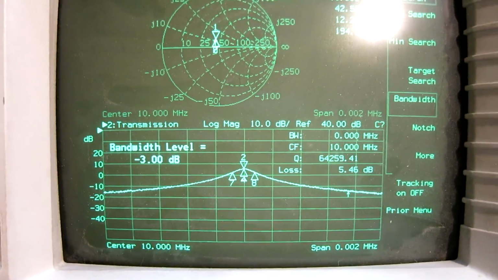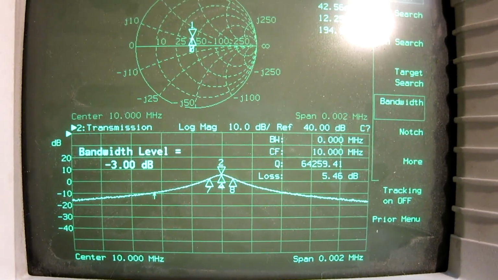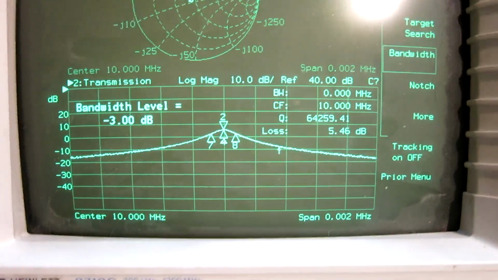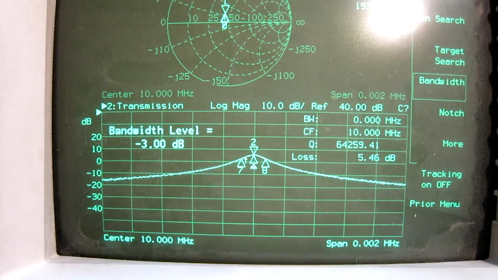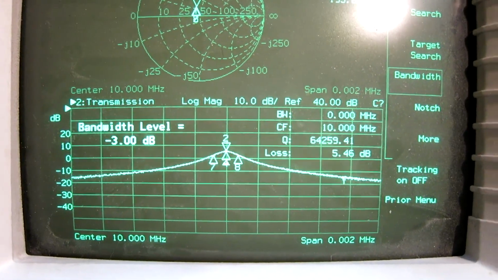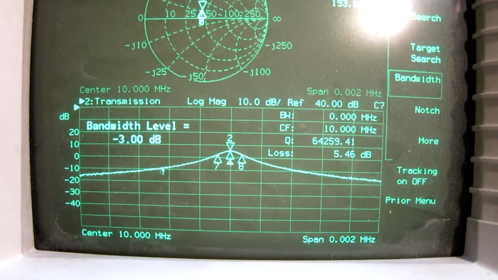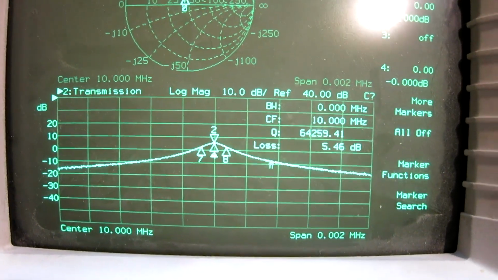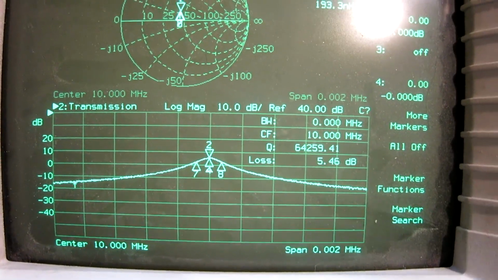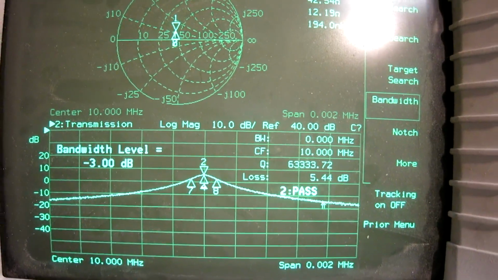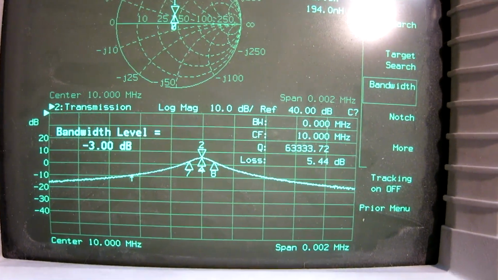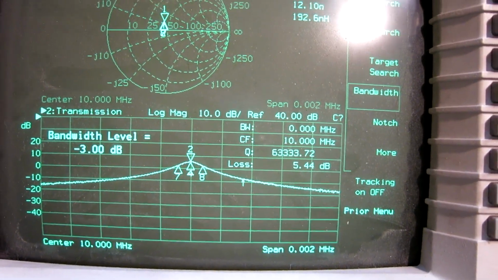So I decide to select this Q 64,000 as the signal level to aim for. I have lost in Q. Marker search bandwidth. We are at 63,300 again.